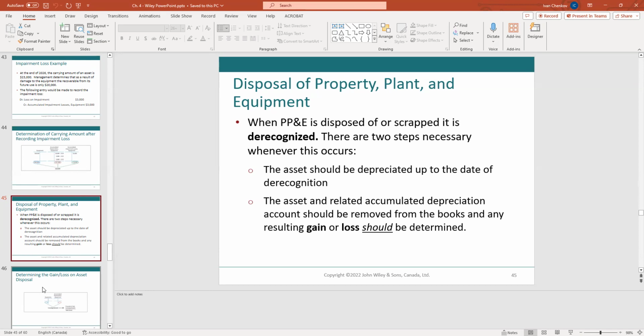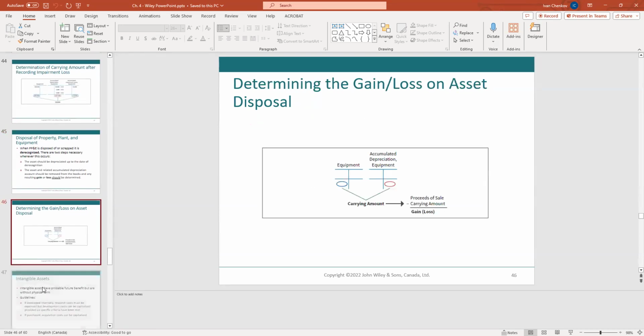First, before we de-recognize it, we have to depreciate it up to the date of de-recognition. And at that point, all the asset and related accumulated depreciation has to be removed from the books. Once we do that, we may have a gain or we may have a loss.